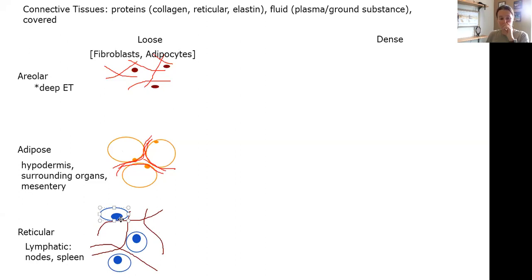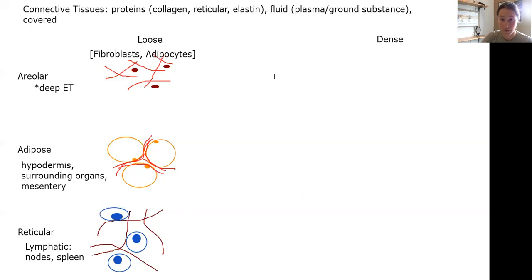When you look at a spleen slide or a lymph node slide, you're going to see a ton of these cells. These cells are called lymphocytes, and you'll see a nucleus surrounded by a larger cytoplasm. That's what that's going to look like right there.